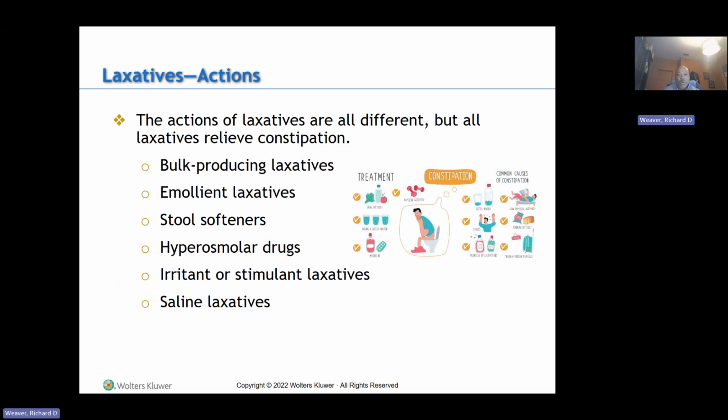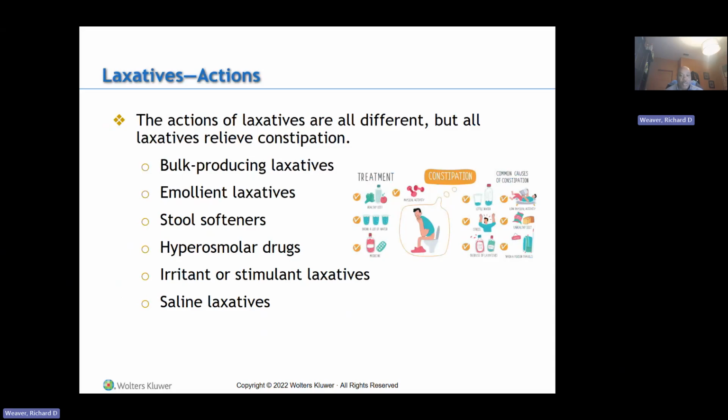Your hyperosmolar drugs typically dehydrate local tissues, which causes irritation and also increases peristalsis. And of course, with this, you will have evacuation of fecal material, fecal mass, right?